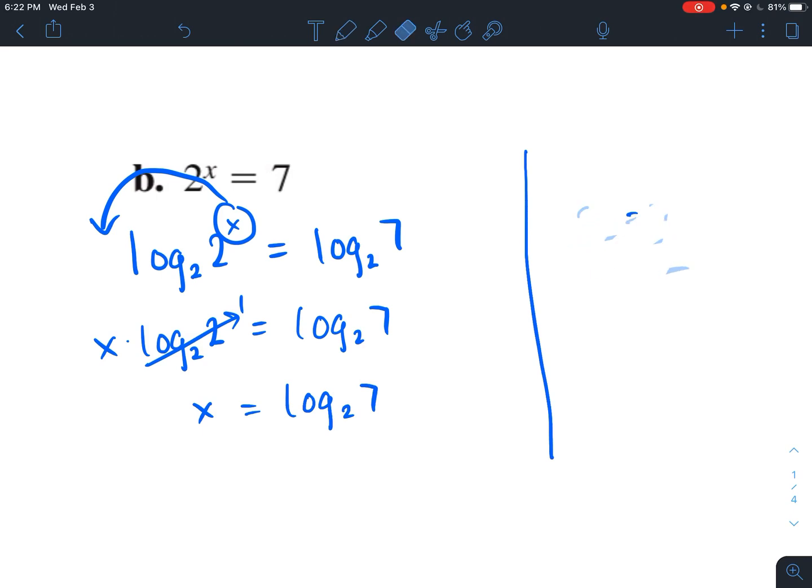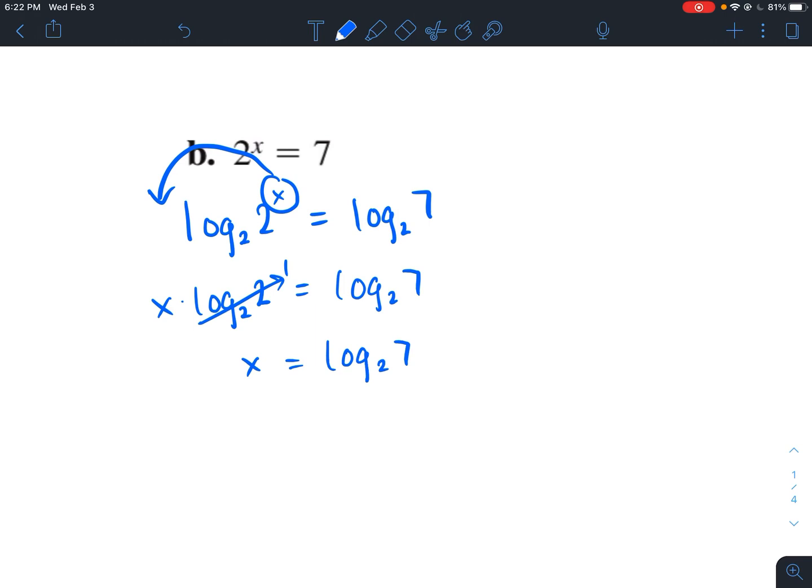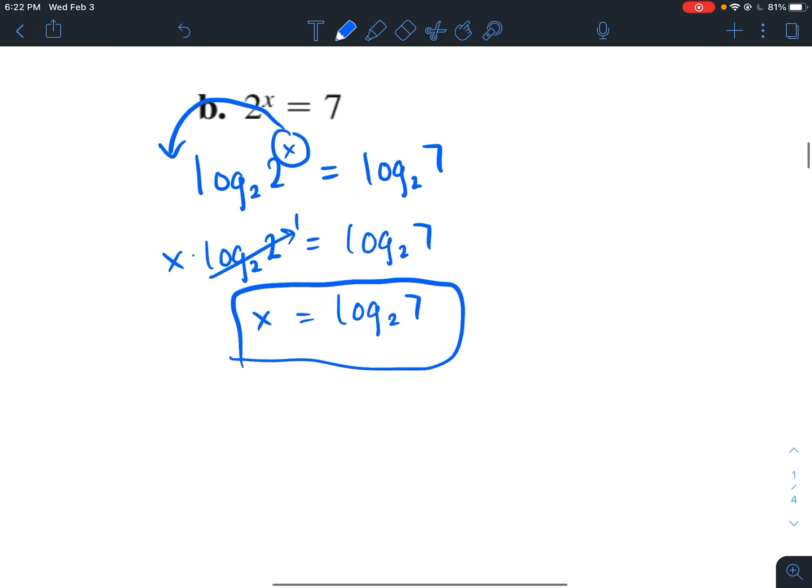But we're using logarithms and exponentials, so if I want to eliminate an exponential, I just take the log of it. That's what we did. We took the log base 2 of this left side, and we're just left with x. So therefore x is equal to log base 2 of 7.